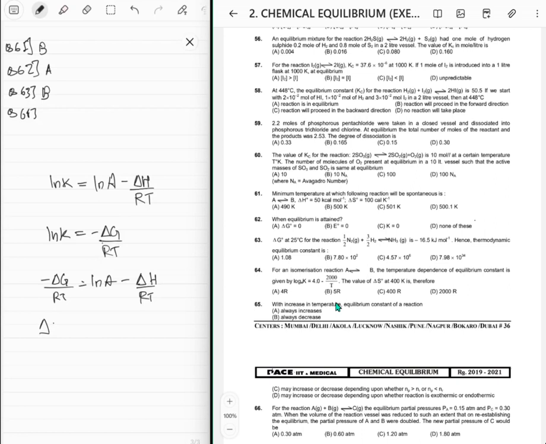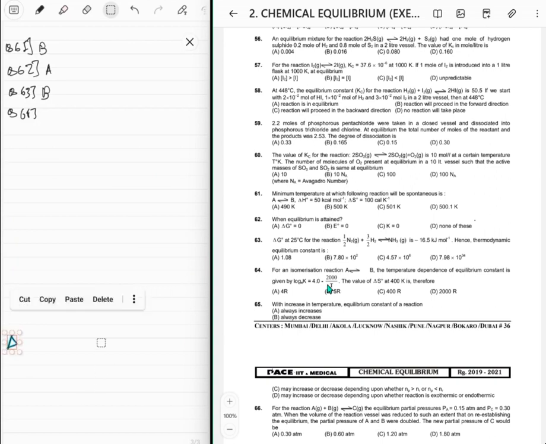So delta H minus delta G upon T is R natural log A. There we go. This thing is just delta S, right? So now you know how to find delta S directly. So R times 4.0, because that's what natural log A is right there. Next time I'll just use this directly.